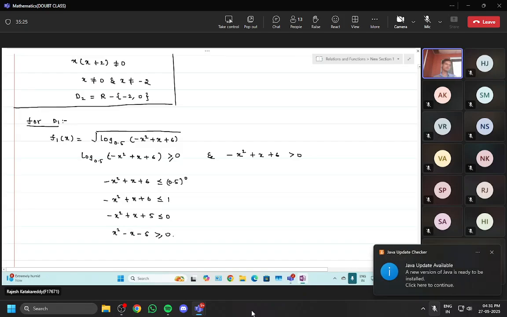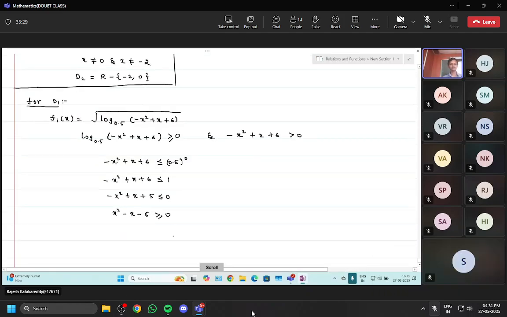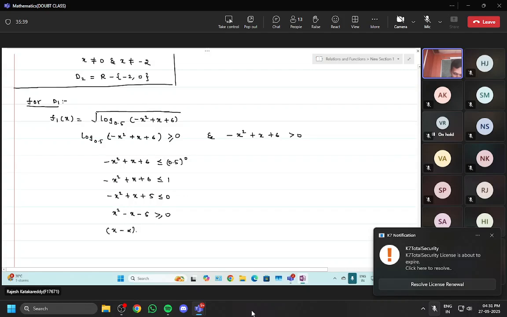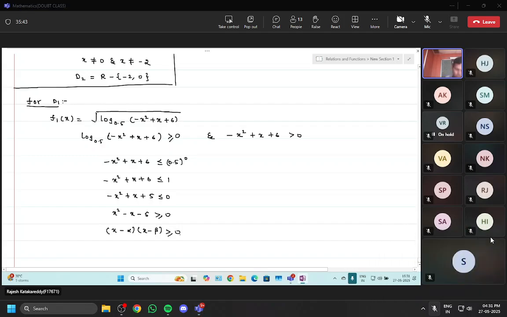Now, solving this is not easy. We cannot split the middle term. So first, find the roots of this one. Let us assume it is x minus alpha into x minus beta is greater than or equal to 0. Draw a number line, identifying alpha and beta. Since it is an upward parabola, you will get plus, minus, plus.